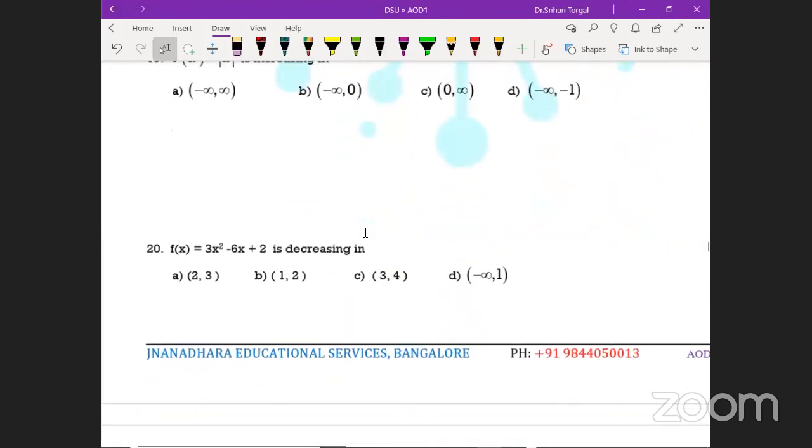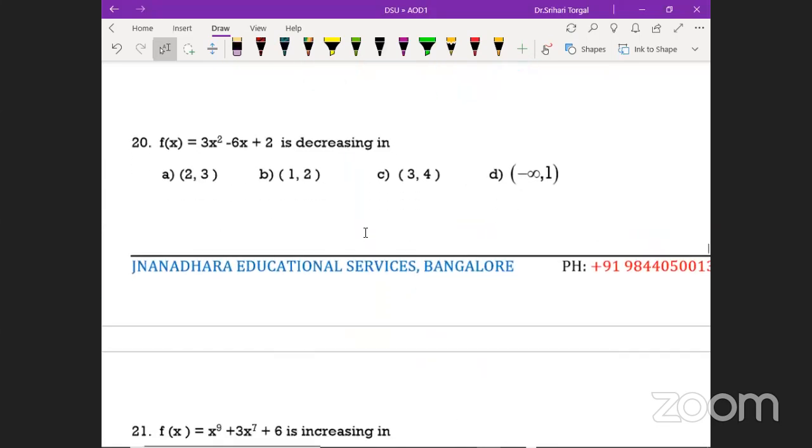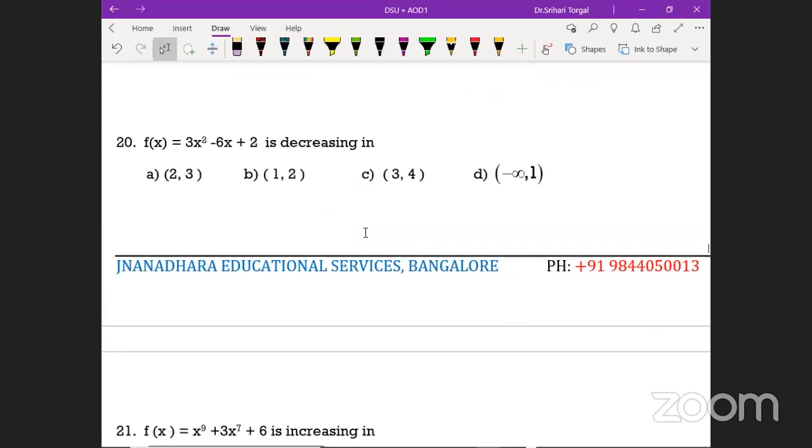Okay. Apply the same technique here. Question number 20. Same trick, you can work it out here.